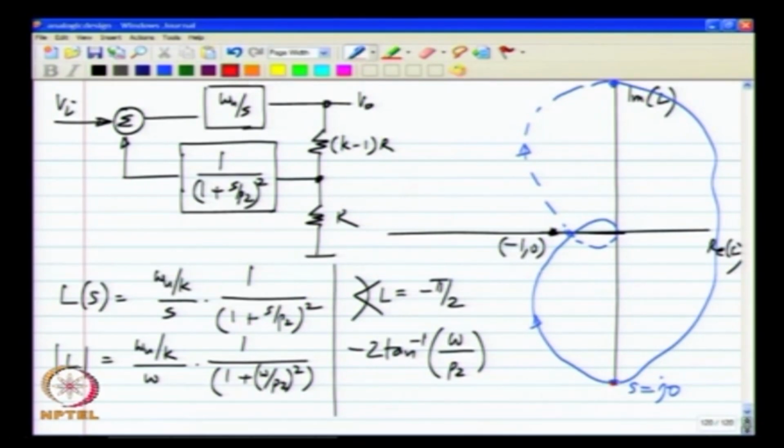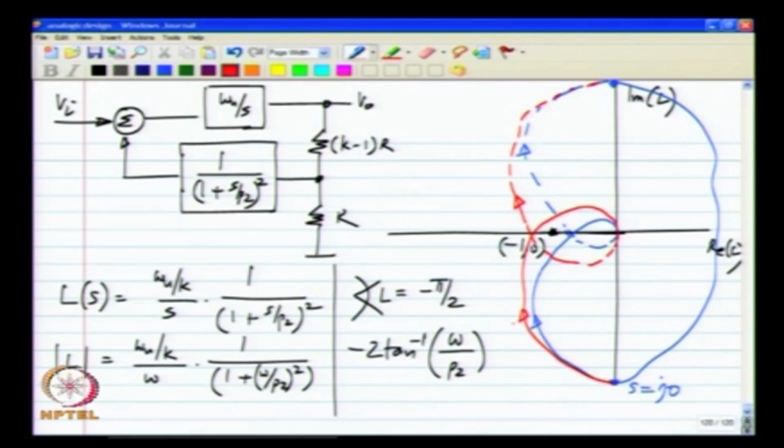It still starts from infinity for DC, and the phase changes more rapidly than the magnitude, and it does something like that. Okay. And the remainder of the curve will be something like that one.